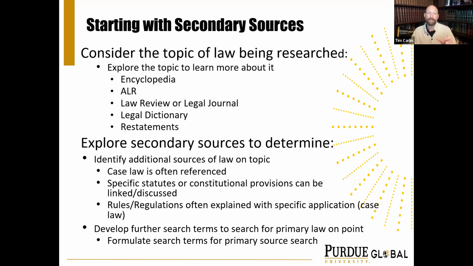So when you find annotated law or law review articles that narrow down the discussion, that will really help you along in your legal research and in building understanding before you get into the details of the case.